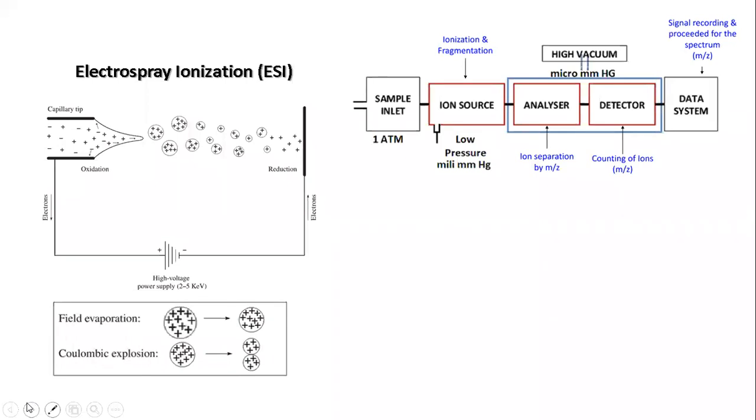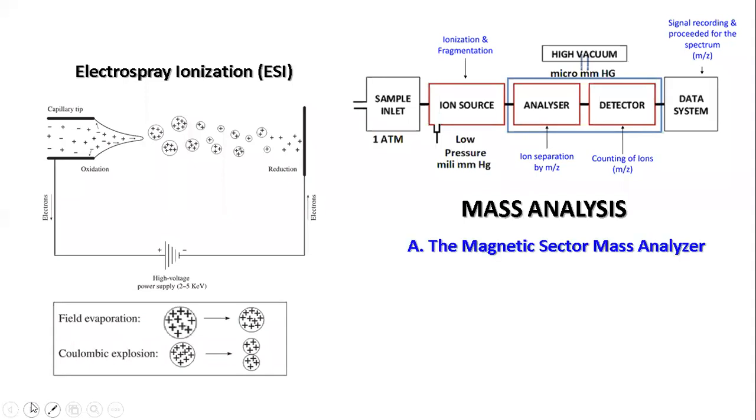Now the important part here is we have come across the different techniques of ionization. So our next job is to direct the ions to the analyzer. In mass analysis, we have different techniques, similar to what we have seen for ion generation.